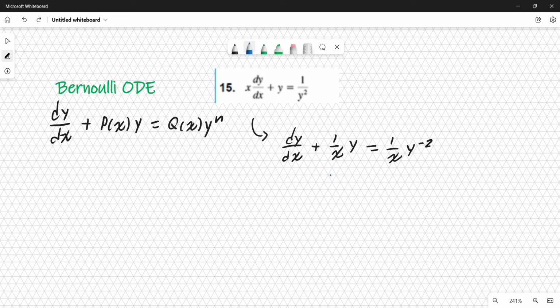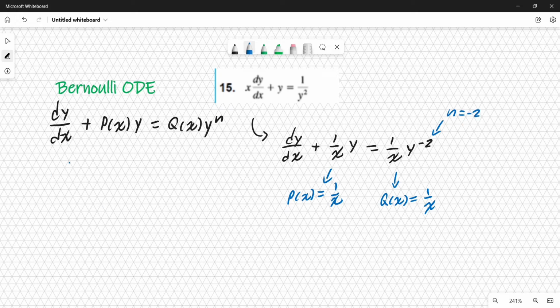We will have p of x as 1 over x, and then right here q of x is also the same thing. And then we would have n equals negative 2.